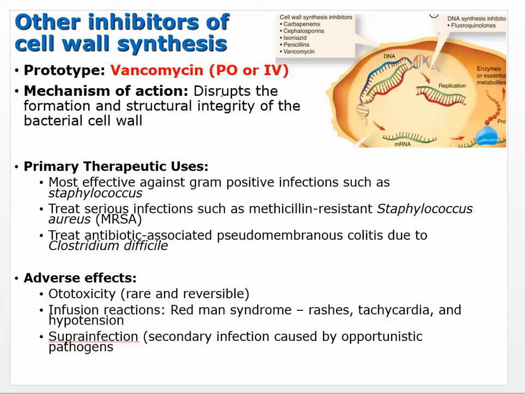Now there are vancomycin-resistant strains, but they are included in this cell wall disruptor category. Primary uses: most effective against gram-positive infections such as staph, which is MRSA. Well, it's not MRSA. Staphylococcus that's not resistant is just Staphylococcus. It's the methicillin-resistant Staphylococcus that's the problem.